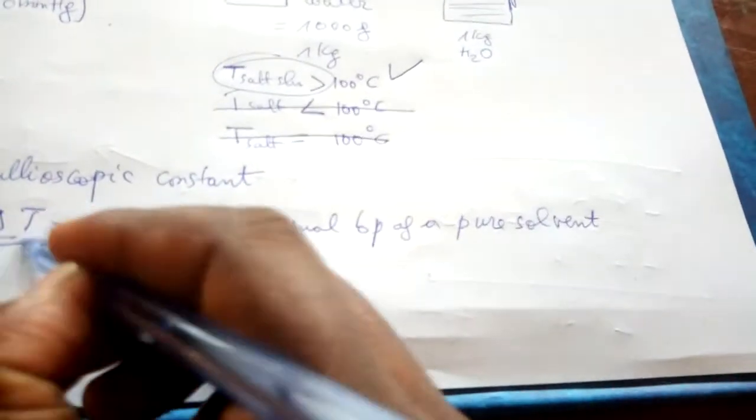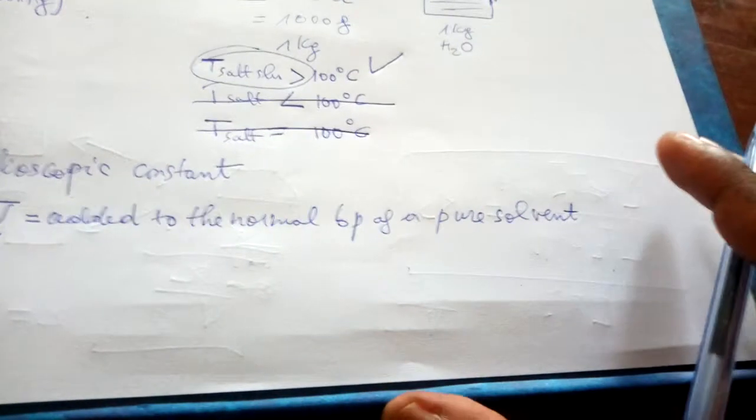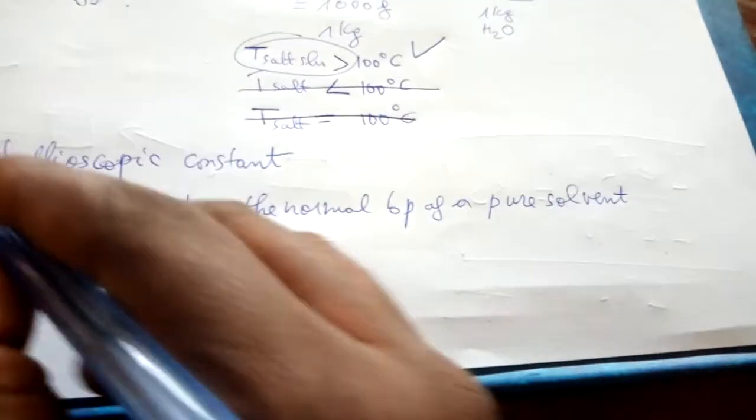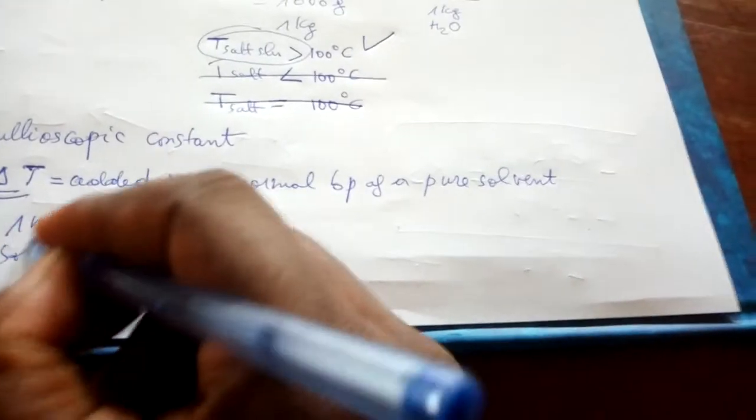But this delta T, the change in temperature, corresponding to the ebullioscopic constant, is the elevation in temperature when you take 1 mole of solute in 1 kilogram of solvent.